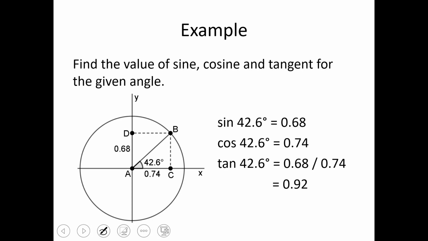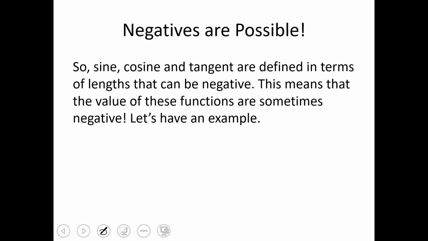And those, of course, we know must both be positive measures. Sine, cosine, and tangent are lengths of directed line segments, and in this case, given the position of B, both of these are positive, so the sine is 0.68, the cosine is 0.74, and the tangent is the ratio of these, which is 0.68 to 0.74, which is 0.92.